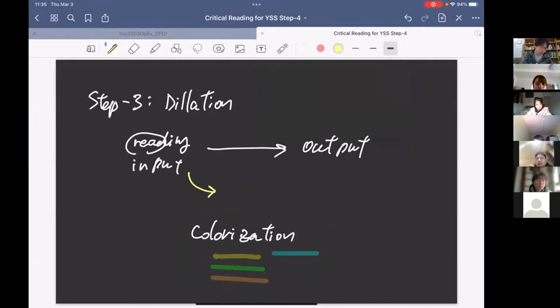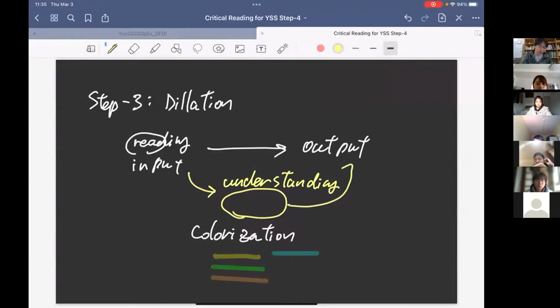And today, I would like to introduce an intermediate step between the input and output. That is understanding in the real sense. So first, you create your own understanding based on the reading, and then re-explain it as the output. Okay? The dilation step we learned in step 2.